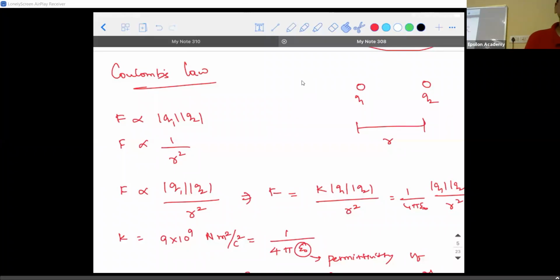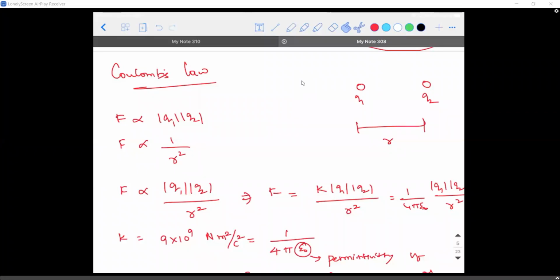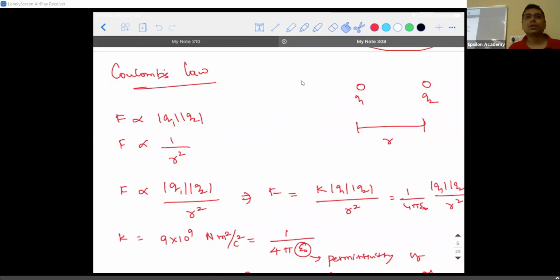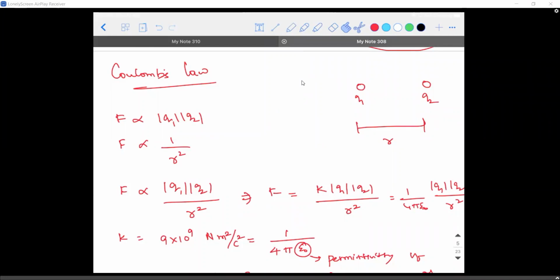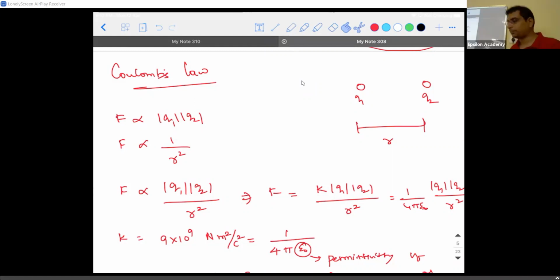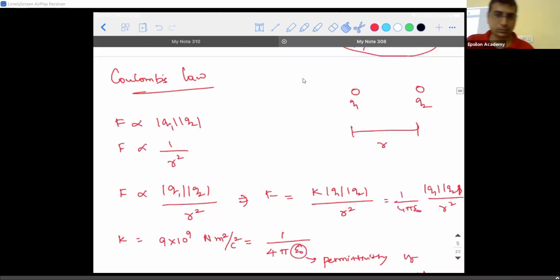The product of the magnitude of the charges and inversely proportional to the square of the distance of separation between them. Right?